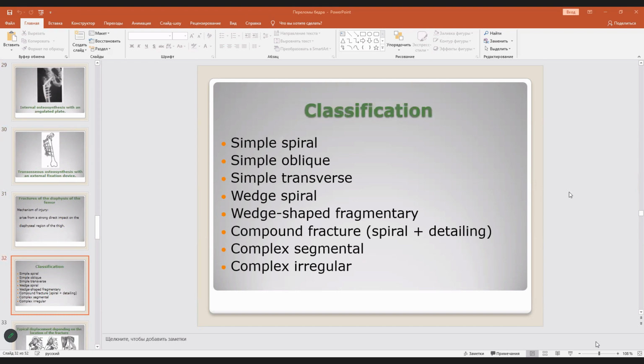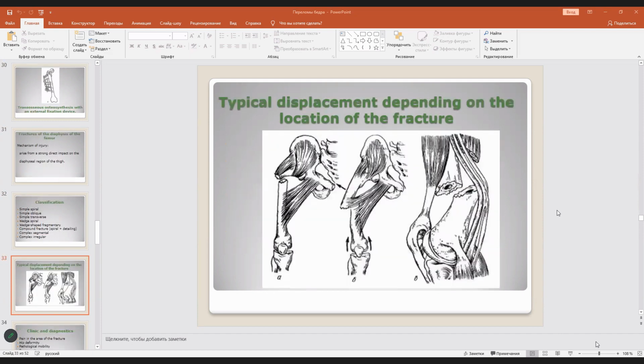Classification: simple spiral, simple oblique, simple transverse, wedge spiral, wedge-shaped fragmentary, complex spiral, complex segmental, complex irregular. Typical displacements depend on the location of the fracture.